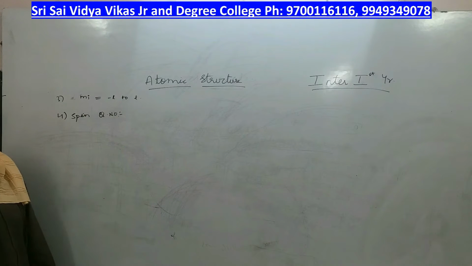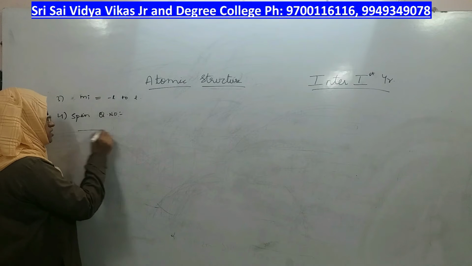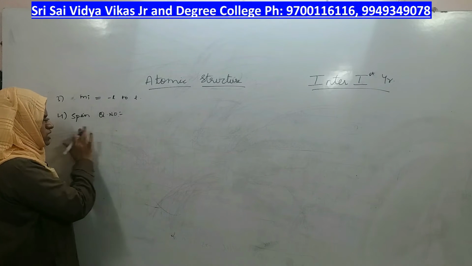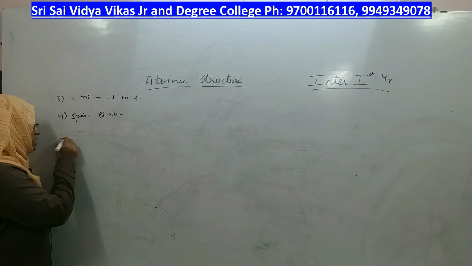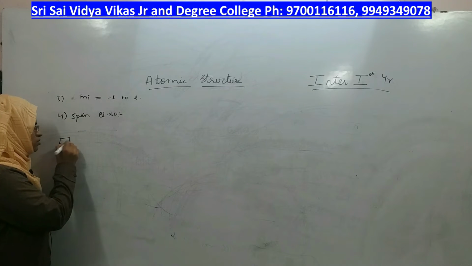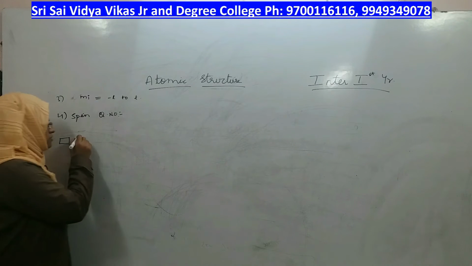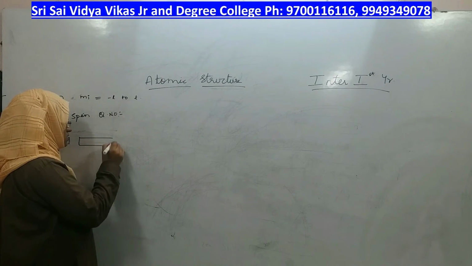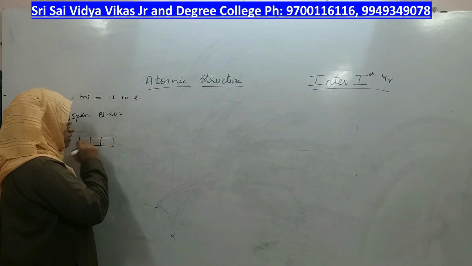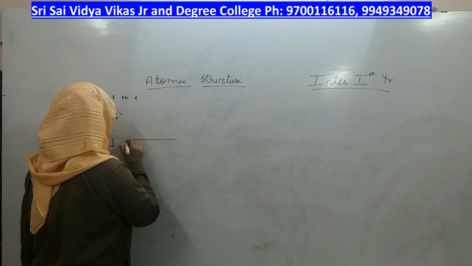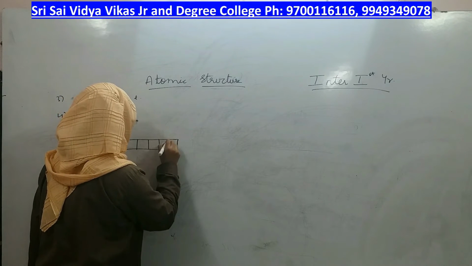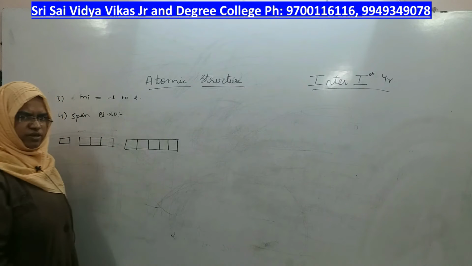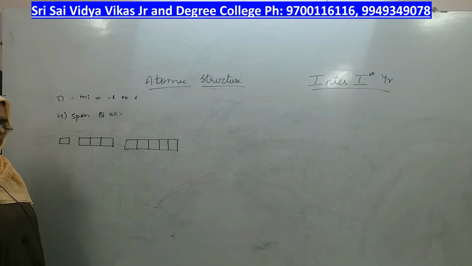Every subshell has many orbitals, and we determined in yesterday's class that S subshell has only one orbital, P subshell has 3 orbitals, D subshell has 5 orbitals, right? Same way F subshell has 7 orbitals.